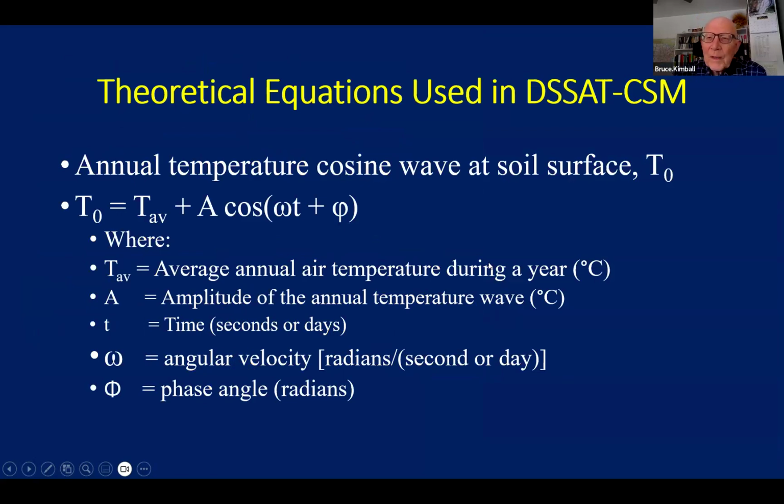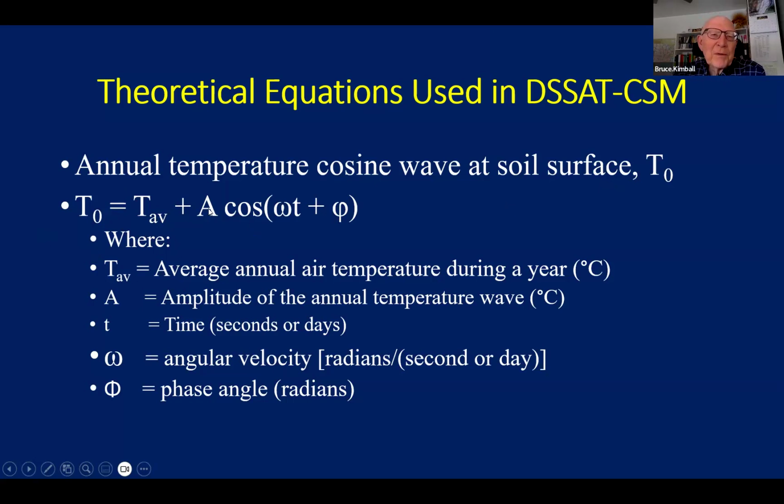Well, to back up a little bit, let me give you a little soil physics of what's being used in it. First, we assume that there's an average temperature cosine wave at the soil surface, and this is an annual wave. This is the average temperature at some depth down below, and that's the year-round temperature.